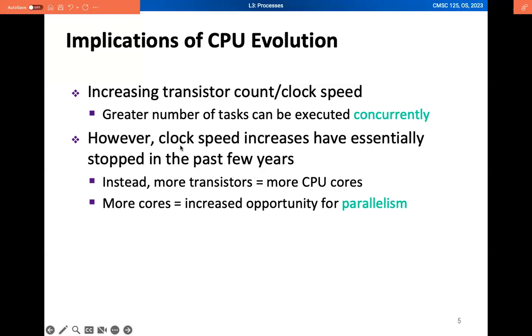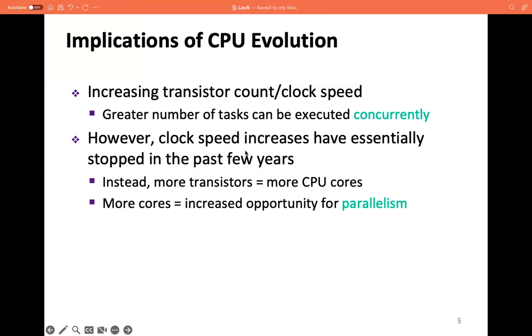However, as mentioned, the clock speed increases have essentially stopped in the past few years. Instead, the more transistors that were included, the more CPU cores there are. And with more CPU cores, there is also an increased opportunity for parallelism.